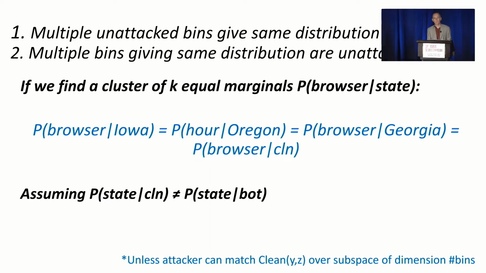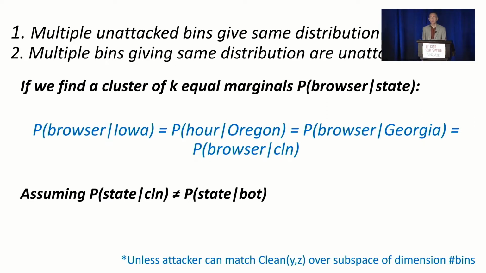The central result of this paper is basically that the converse is also true: if I have multiple bins that are pointing at the same distribution, they're pointing at the clean distribution. That is to say, if I find that the distribution of browser version in Oregon and Iowa and Georgia are the same, believe it or not, that is the clean distribution you're looking at. It's stated a little more formally in the paper, and there are no real additional strong assumptions.